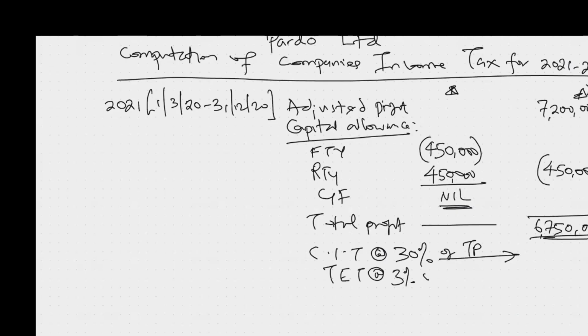So give me 30% of that figure. 2,025,000. Thank you. 2,250,000. This one, 3% of 7.2, what do you have? 202,500.